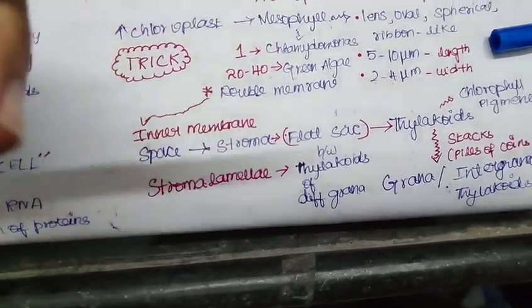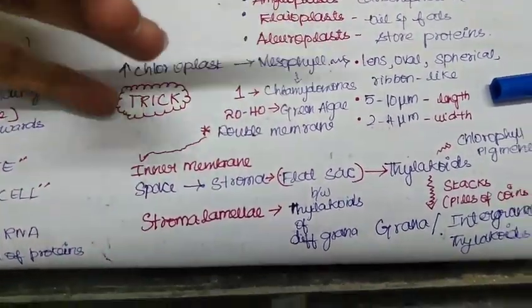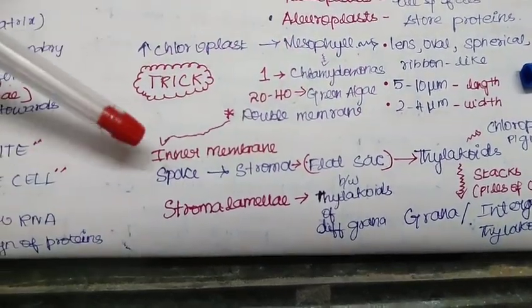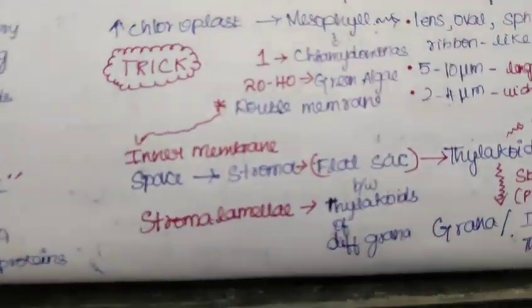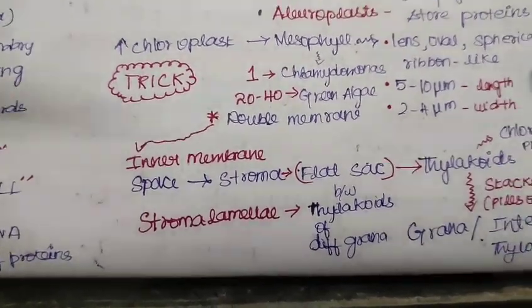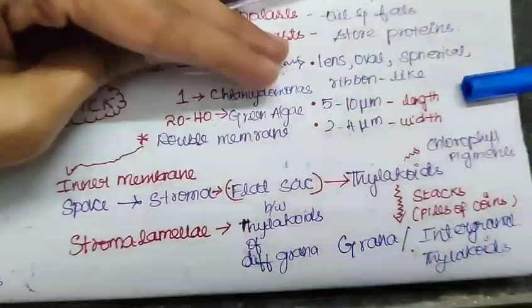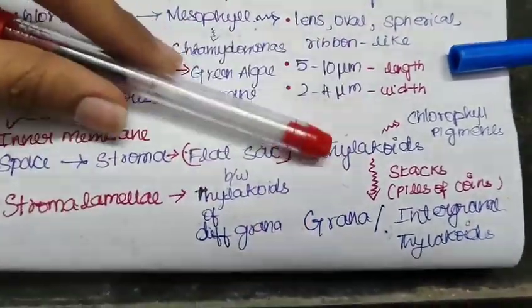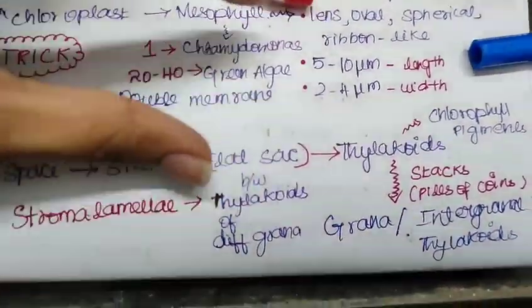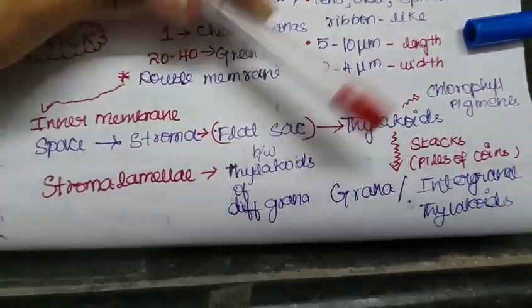This stroma contains flat sacs. These are called thylakoids. Okay, the space limited by the inner membrane in the chloroplast is called the stroma. This stroma contains flat sacs, which are called thylakoids. These thylakoids are stacked, arranged like piles of coins, and that is known as the grana.